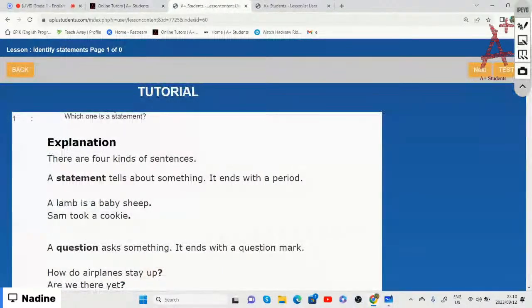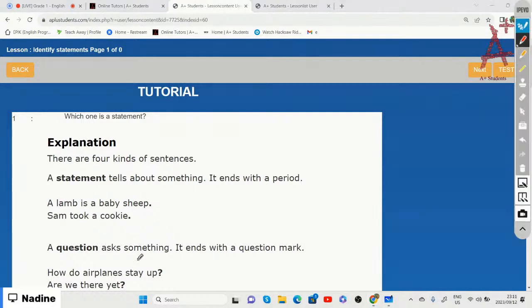All right, so when we identify statements, we need to say which one is a statement. We say that a statement tells us something, right? It's like when you're telling about something, and you do not expect a response.